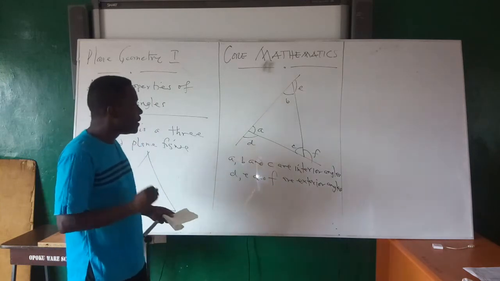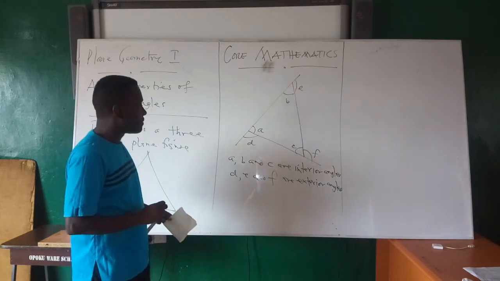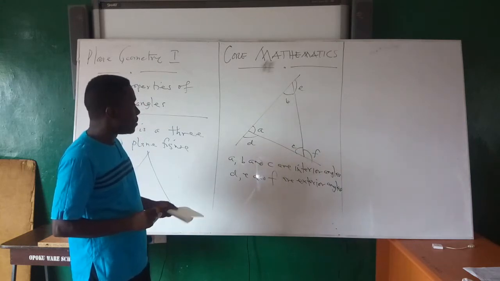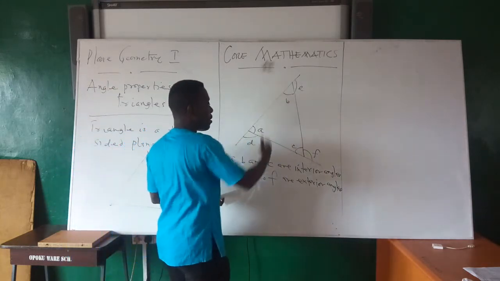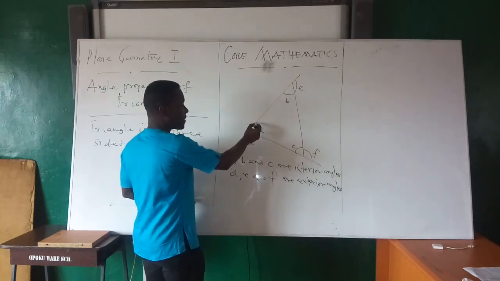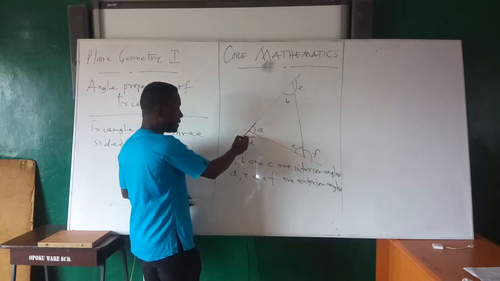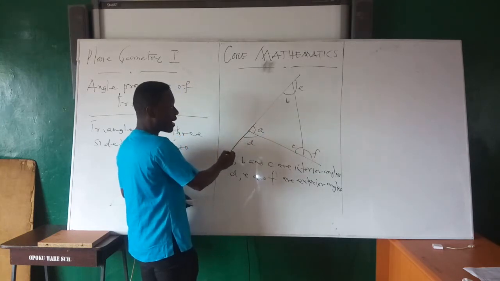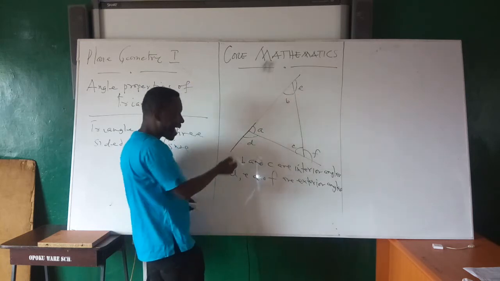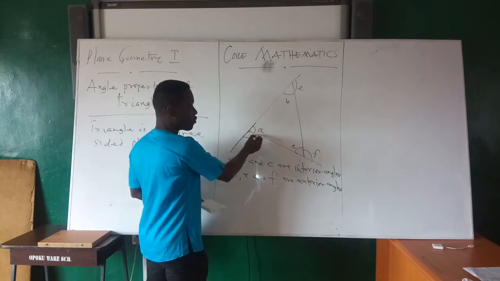But please be careful of how to identify an exterior angle. The interior angles, I'm sure they are obvious, but for the exterior angle, you should have a side that is going beyond. You see that this side is actually coming from one of the sides of the triangle, and then this one is also another side.